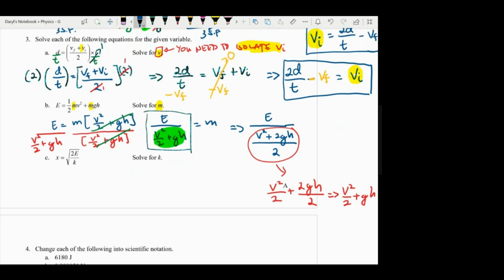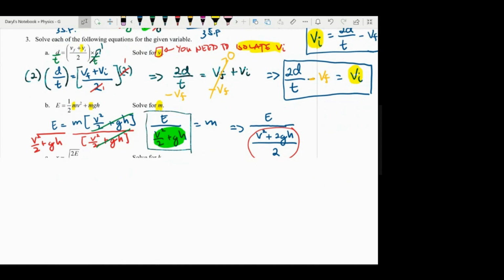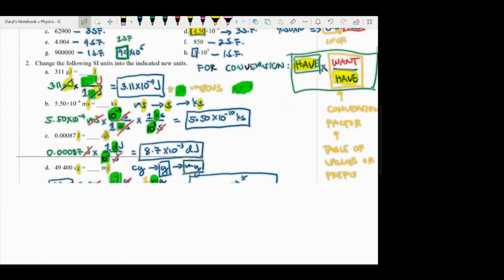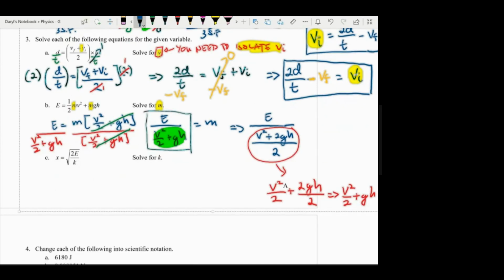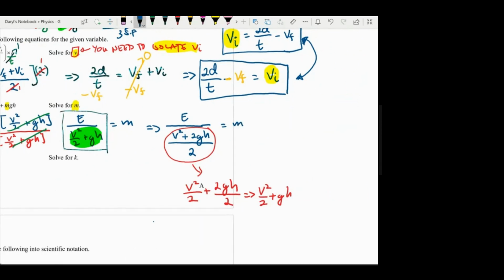And this is e, energy, over this other fraction form. However, if I'm going to get rid of the 2 there, this is equal to m, but this should just be equal to 2e over v squared plus 2gh.